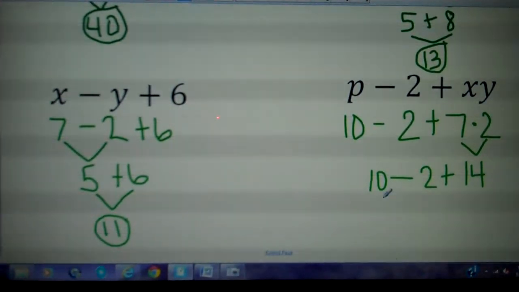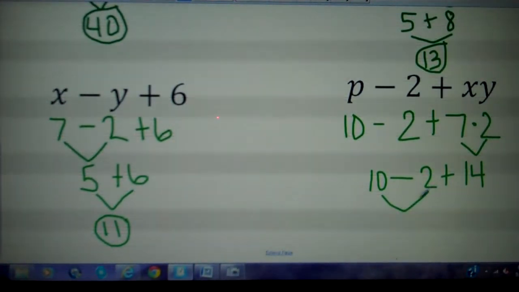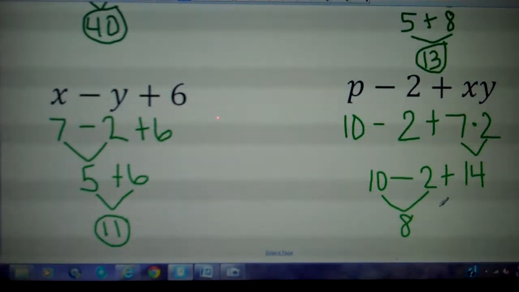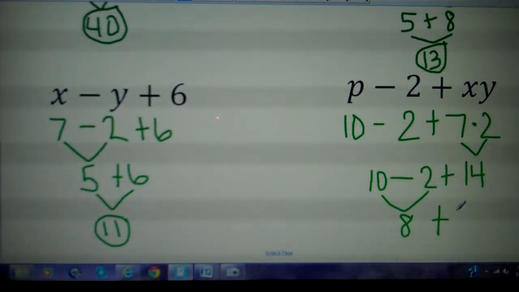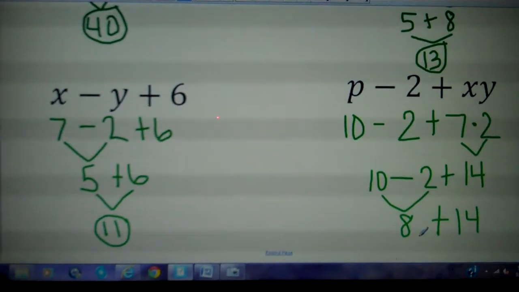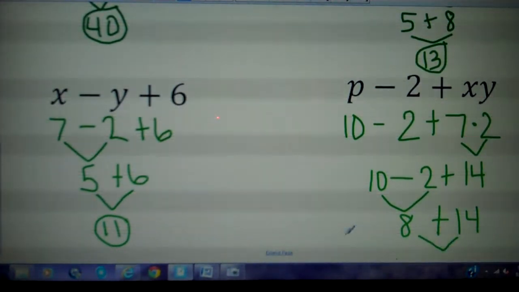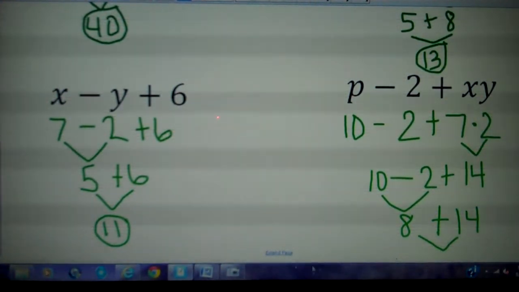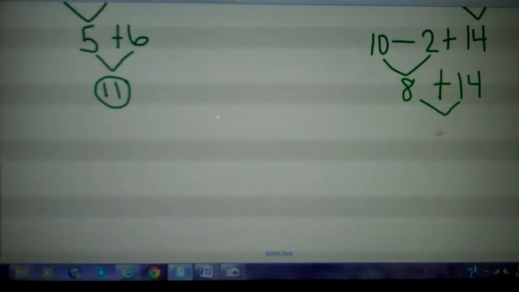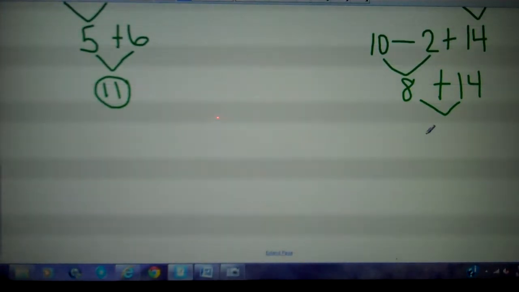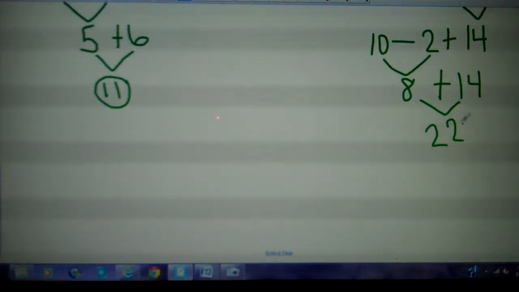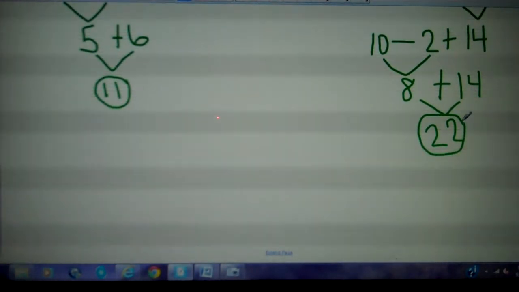So in this problem, subtraction is coming first, so 10 minus 2, which is 8, plus 14. And then I'm going to do my 8 plus my 14, which gives me 22. I'm going to circle that up.